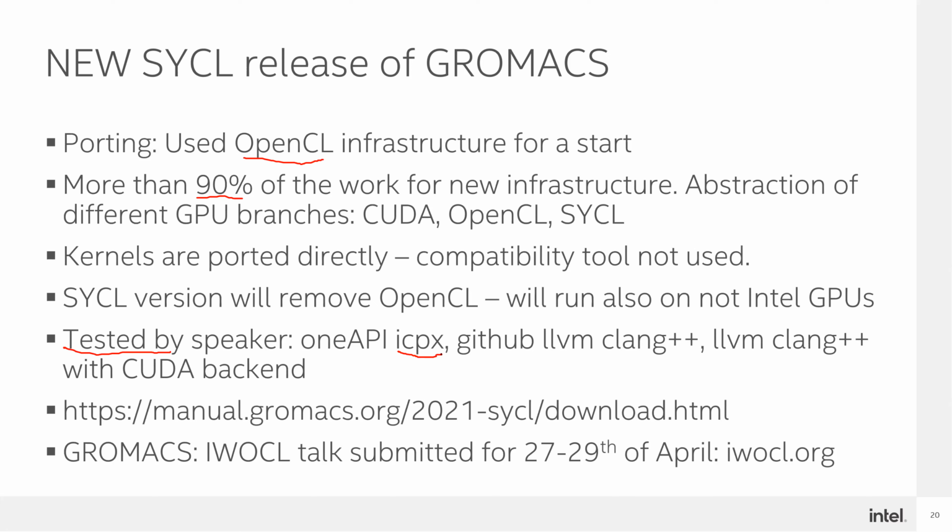But I think Igor said yesterday that it's less convenient to use the ICPX, but it probably has more flexibility. And then I was doing my own LLVM Clang compiler. You can download the LLVM Clang compiler with the SYCL branch from Intel and build the latest branch.